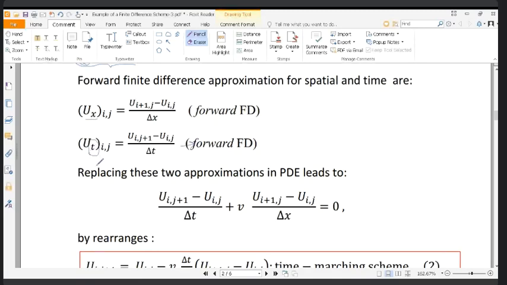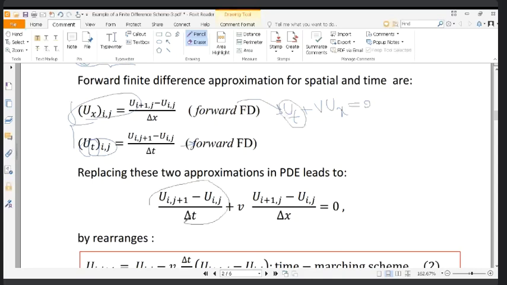By replacing these two approximations in the PDE, our PDE is ut plus vux equal 0. We replace this approximation ux and ut in this PDE. For u with respect to t, we replace ui j plus 1 minus uij over delta t.